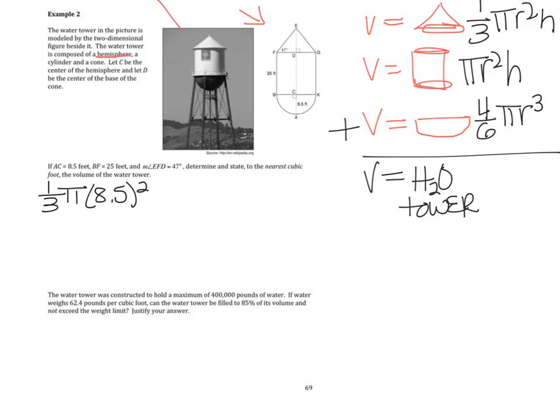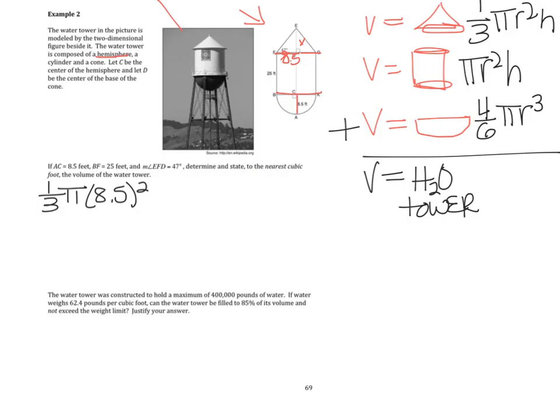Okay, so we need to find the height. All radii are congruent. So this is 8.5, this is 8.5, this is 8.5, this is 8.5, and this is 8.5. And we need to find the height here. So we're going to have to use some trigonometry, which you already know.